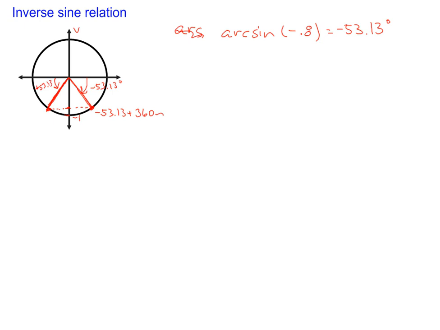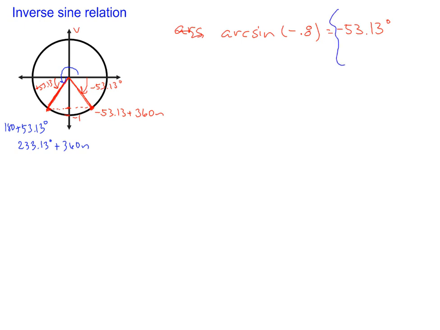So if I wanted to figure out the angle in standard position going to that point, I could say that that is 180 plus 53.13 degrees, so that ends up being 233.13 degrees plus 360n.